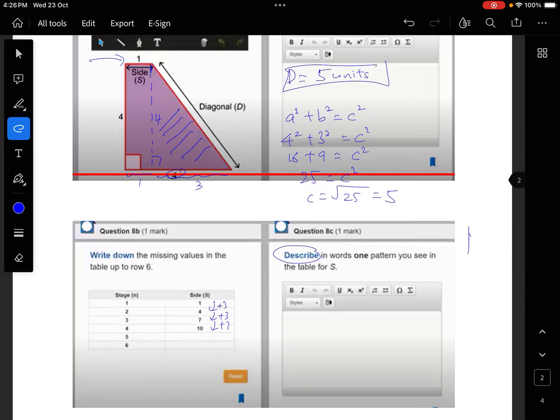One of the patterns that you see for side S is that the side length increases by 3 units as the stage number goes up by 1 each time.